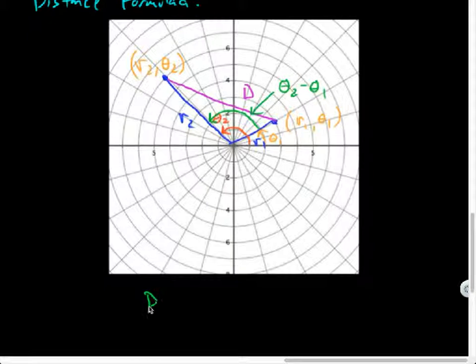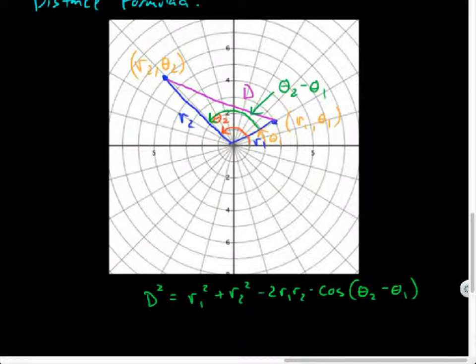So the distance squared would equal r1 squared plus r2 squared minus 2 times r1 r2 times cosine of my angle, which is theta 2 minus theta 1. And if I solve that for the distance, the formula looks a little something like this.